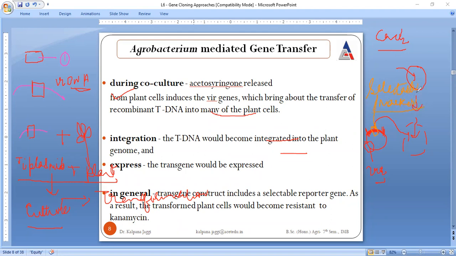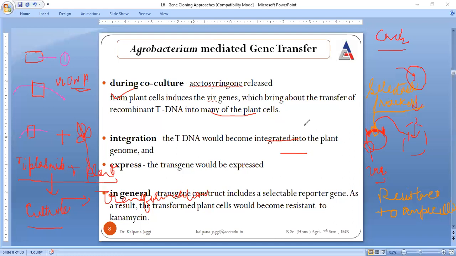Say this marker is resistant to, kindly listen carefully, an antibiotic called ampicillin.